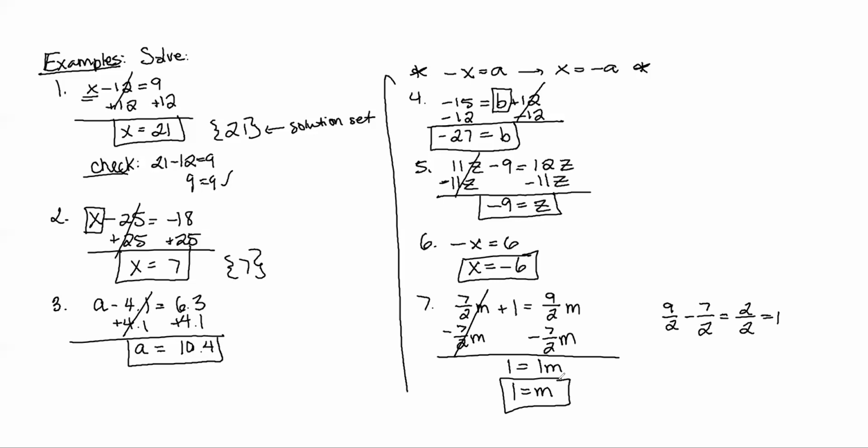All right, let's go ahead and try some multi-step equations. So all the ones that we just did are considered one-step equations because all we had to do was add or subtract one thing, and m was already by itself.